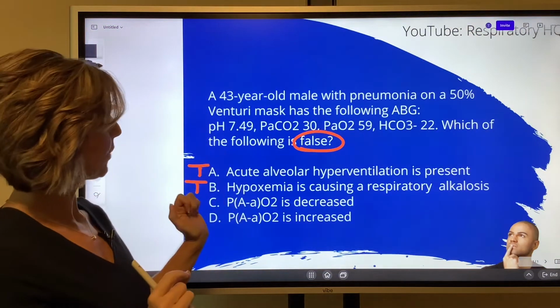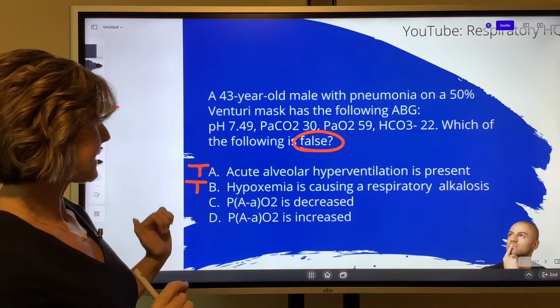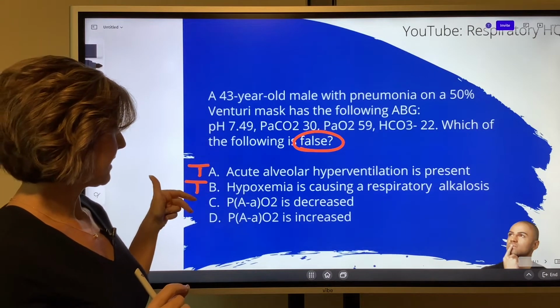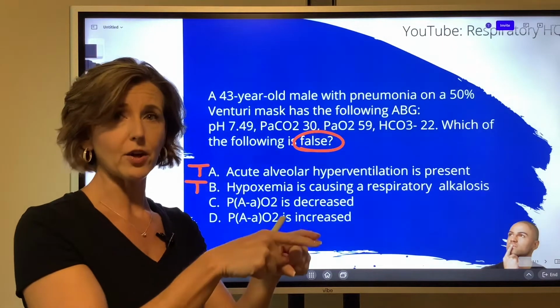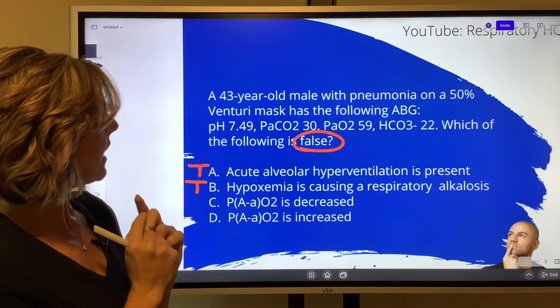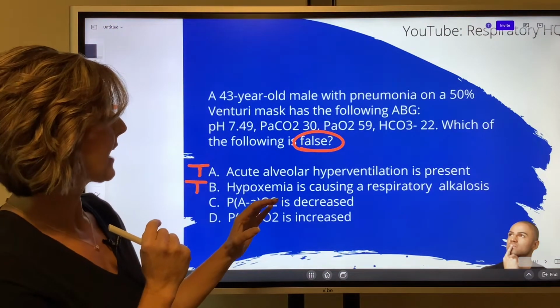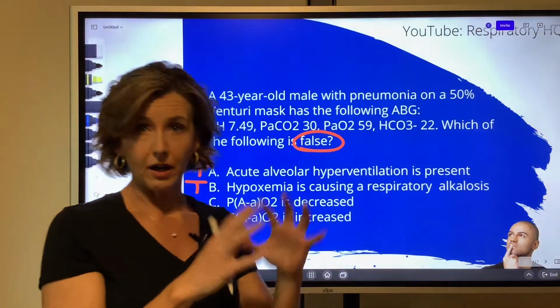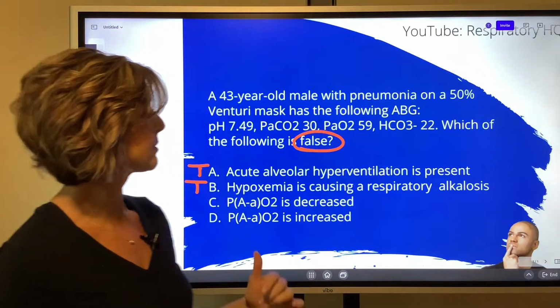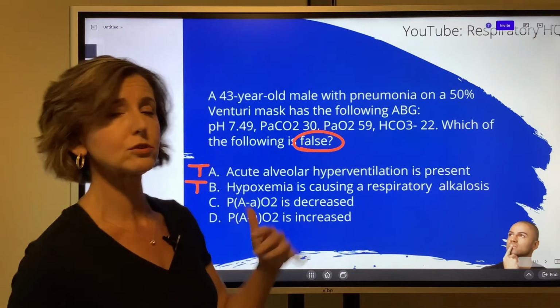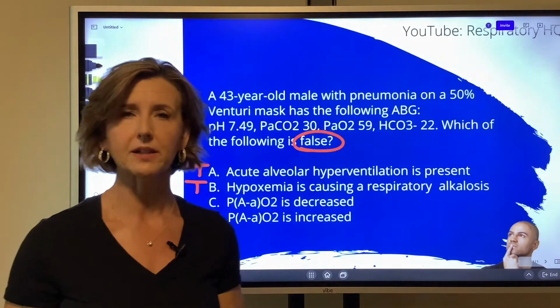If you just look at this question and you don't know what A or B mean, you come down to C and D. And anytime there's an oxygenation issue, and we do have an oxygenation problem, right? We're on a 50% Venturi mask and our patient's PaO2 is 59. We have moderate hypoxemia.